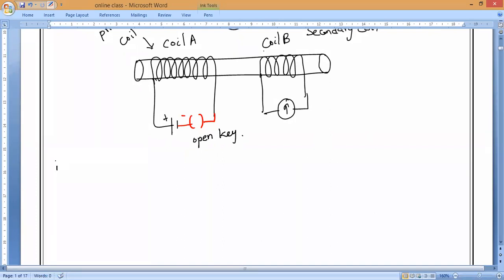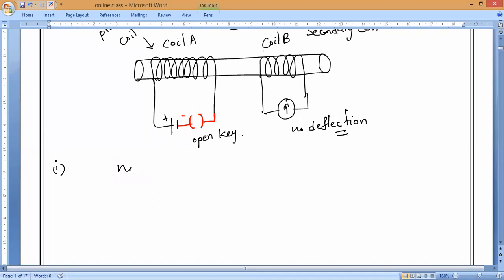What is my first observation? No current is flowing in coil A, so the galvanometer connected to coil B shows no deflection. Is it yes or no? Please respond, all of you. So no current is passing in coil A, so the galvanometer in coil B shows no deflection.